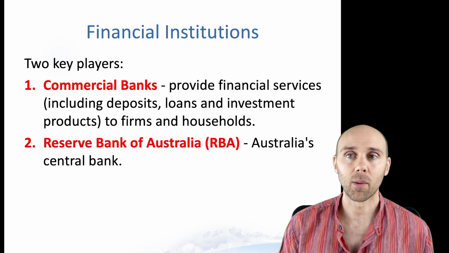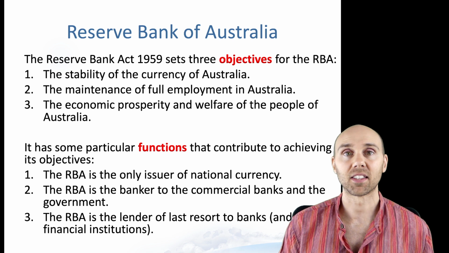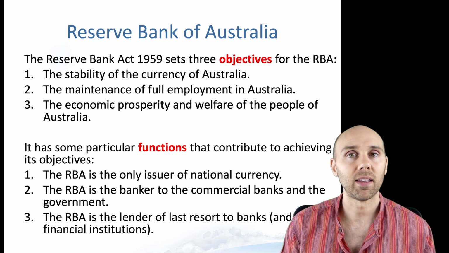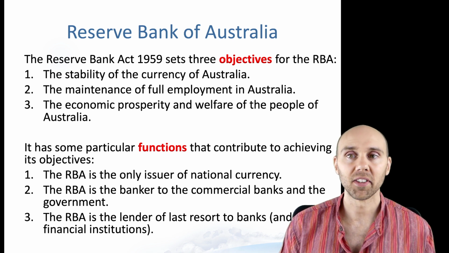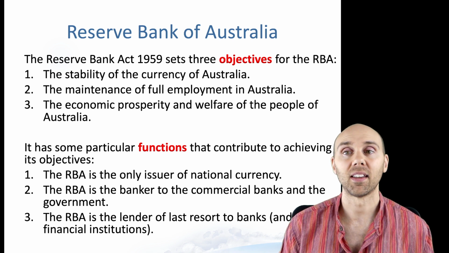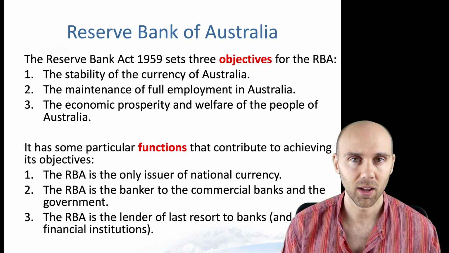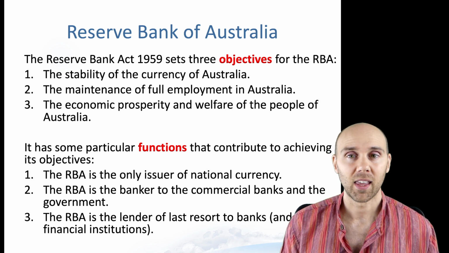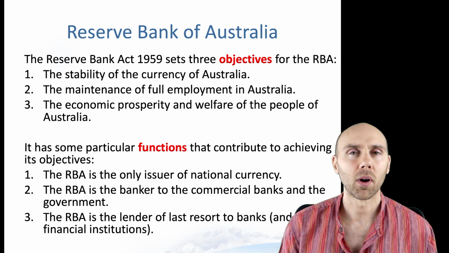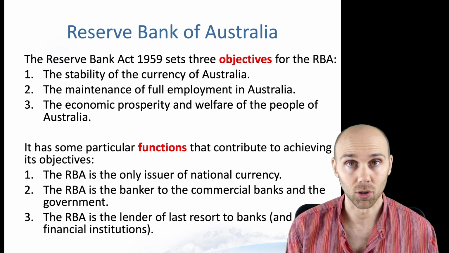Let's focus on the RBA once more. So the RBA Act, or Reserve Bank Act of 1959, sets itself three objectives. The first is the stability of the Australian currency. The second is the maintenance of what we call full employment in Australia. Now, full employment is that everyone who's currently looking for a job and able to get a job can get a job.